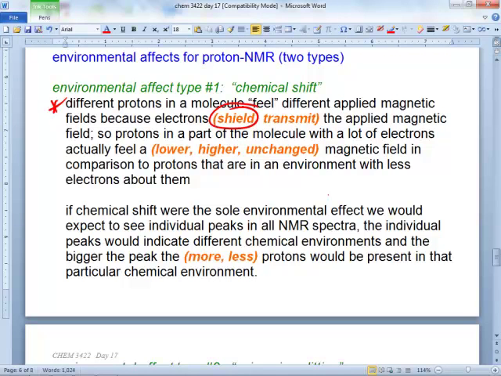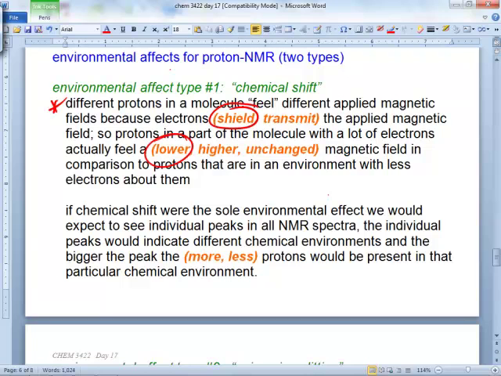So protons in a part of the molecule with a lot of electrons around them actually feel a what magnetic field? Lower, right? Because there's a lot of electrons. There's a lot of shielding going on. You're not going to feel as strong a magnetic field.